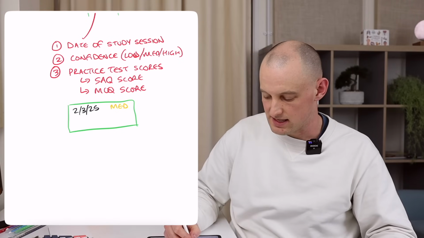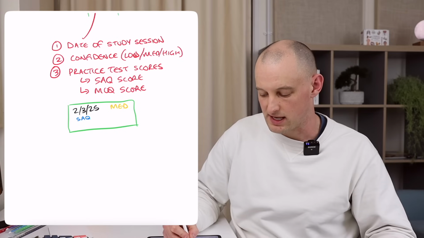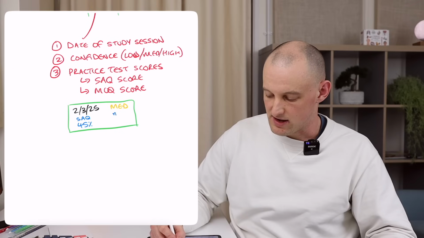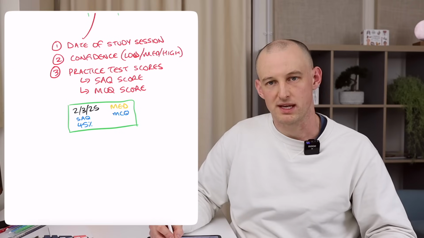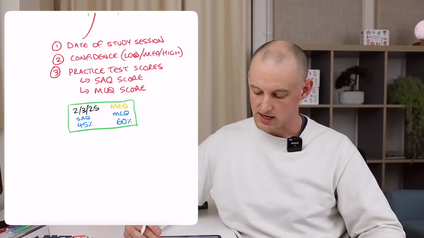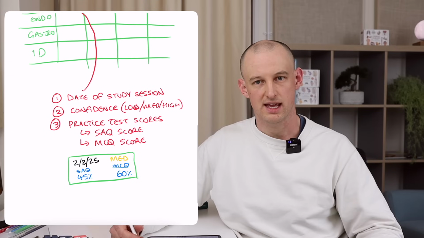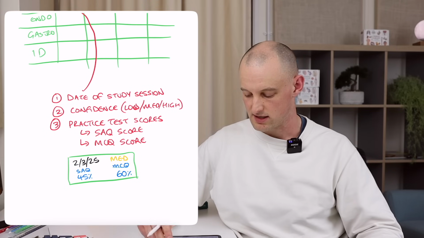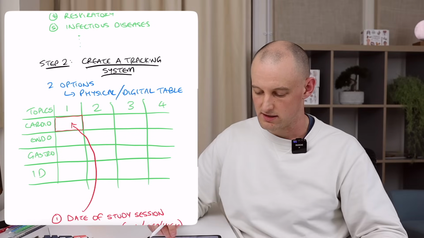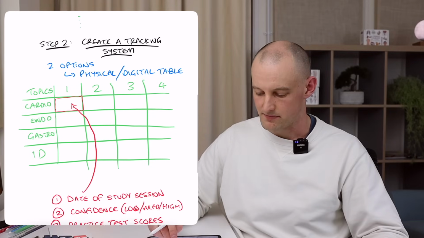Then your SAQ score, which would be, say, 45%. And then your MCQ score, which would be, say, 60%. So you now record in this your study session, and that will be in this box here, the first session of cardiology. Okay, so that's your tracking system.